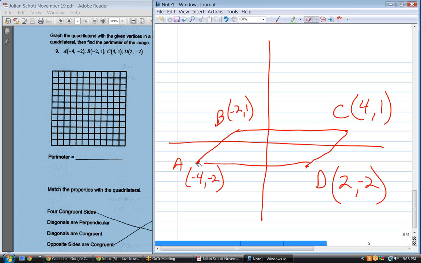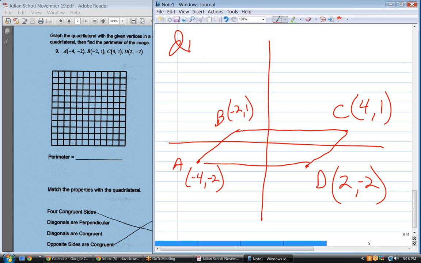So what's the distance from A to B? Same as B to A. It doesn't matter whether we're talking A to B or B to A. All I'm looking for is a distance from this point to that point. And I need the distance formula.